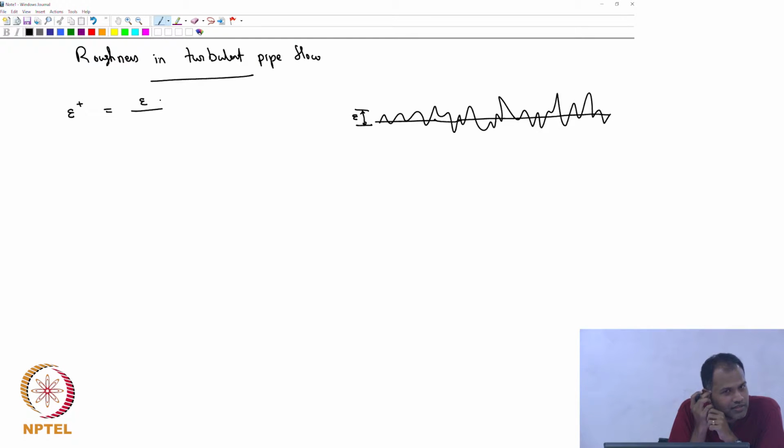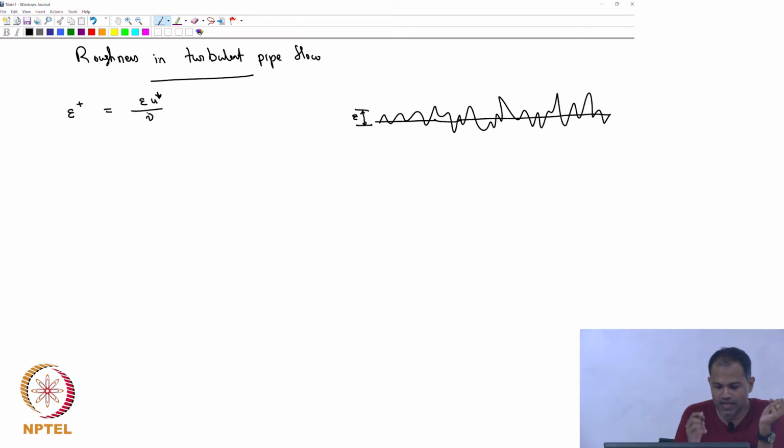We defined y plus as y u star by nu, so we will define epsilon plus as epsilon u star by nu, where nu by u star is a length scale. We do that because the thickness of the wall layer in terms of this plus quantity is approximately 5. We said y plus is approximately 5, and up to 5 you see the wall layer.